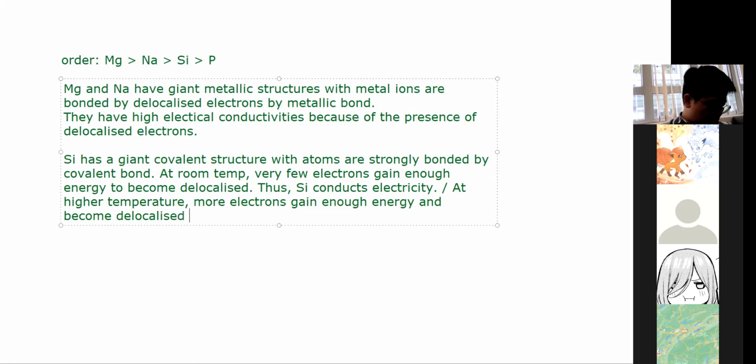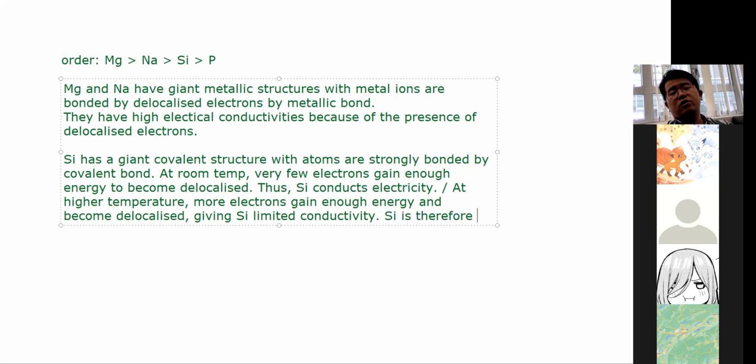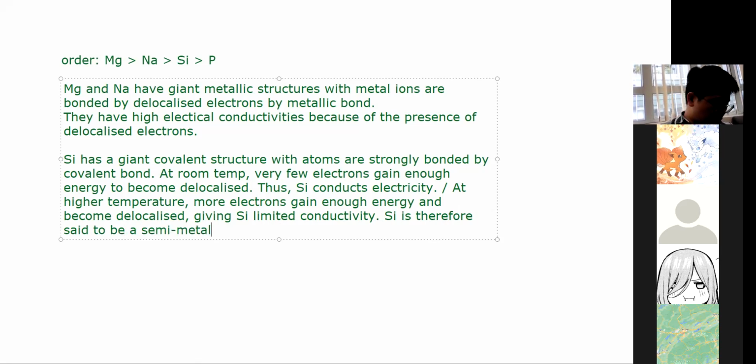So it will give rise to the conductivity of silicon. So silicon is therefore said to be a semi-metal or semiconductor, because you focus on semiconductor. Okay.